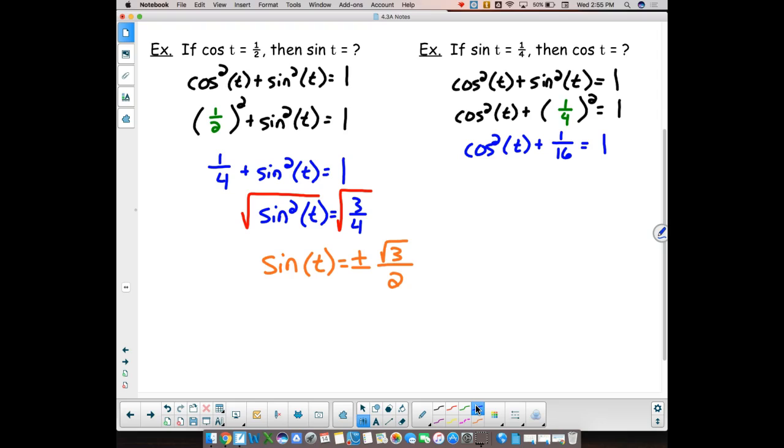Good so far? So that's cosine squared of t is 15/16. Square root both sides. Left side becomes cosine of t, which is what I'm looking for. Right side becomes plus or minus the square root of 15 over 4.